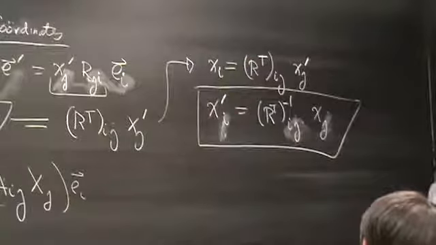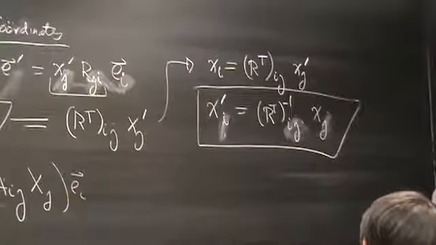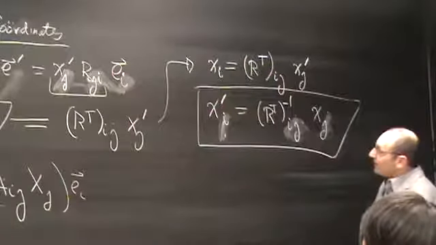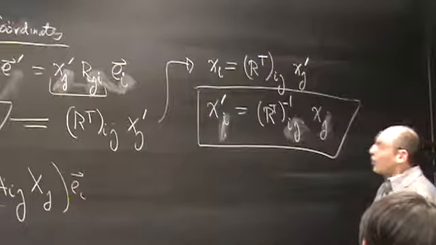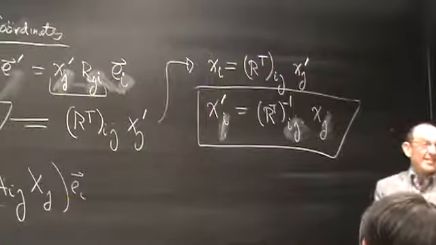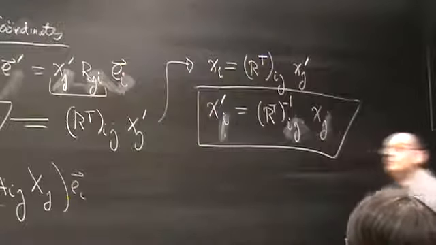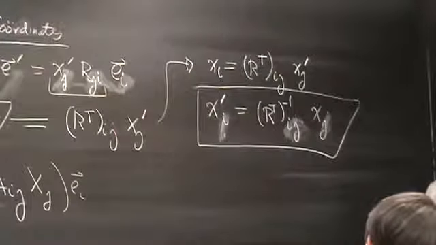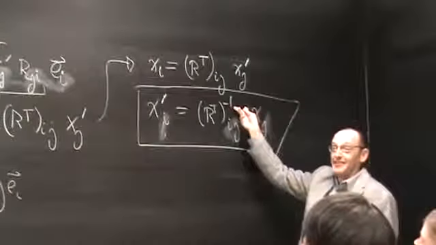So this is the general equation that relates, if R is the transformation matrix on the basis vectors, then this is the transformation matrix on the coordinates. I know this is tedious beyond belief, but this is what we've got to deal with. Now, in the context of Euclidean space, we just said that the transpose was equal to the inverse.